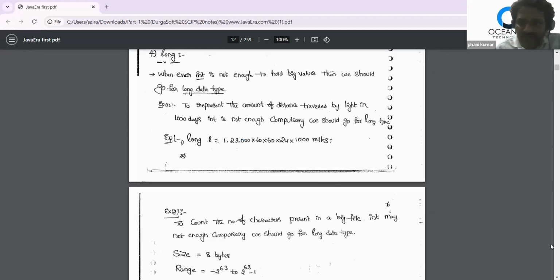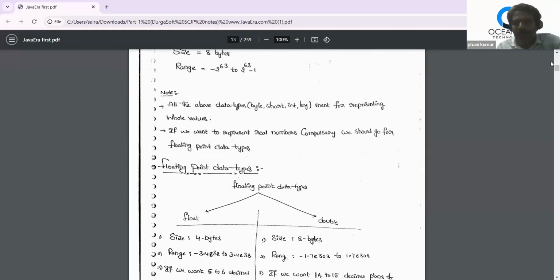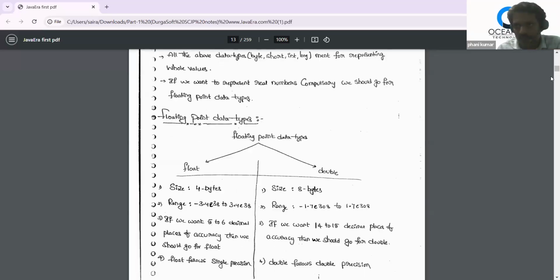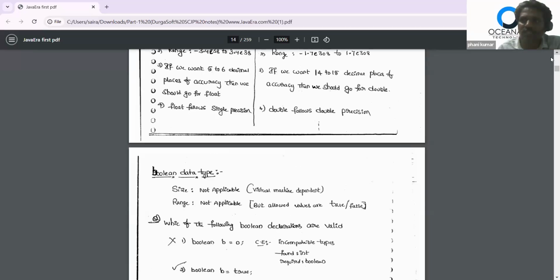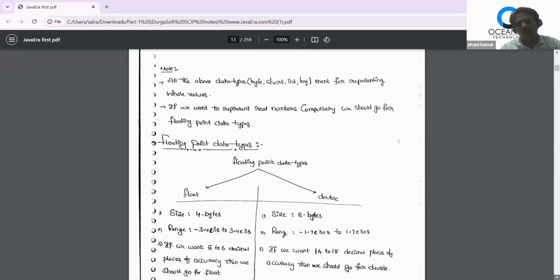Next, floating point. In our primitive data types, in numeric we have 4 types. The first one is byte, second is short, third is int, and fourth is long. But in float type we have 2 types. The first one is float, and the second one is double. Clearly explained.